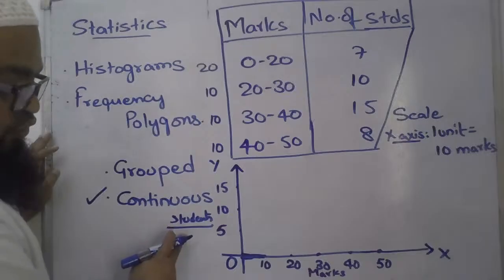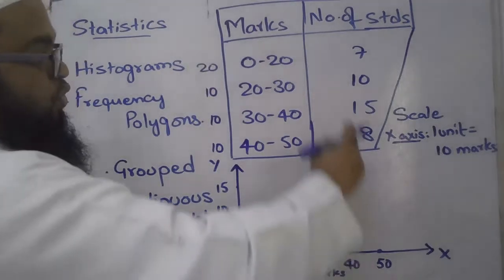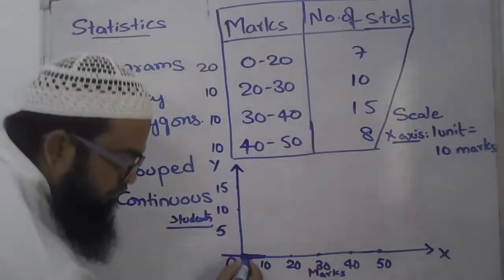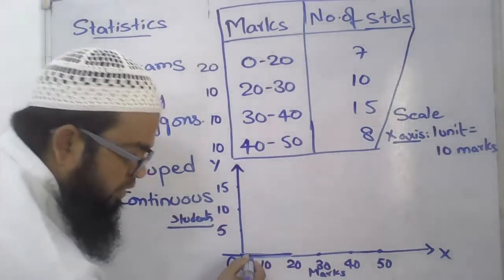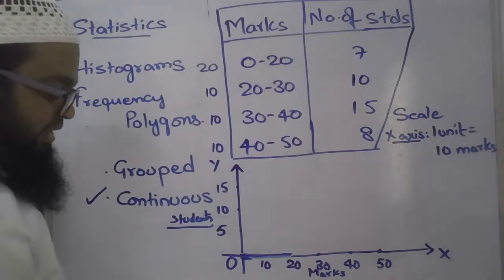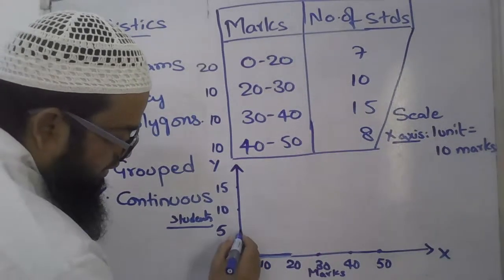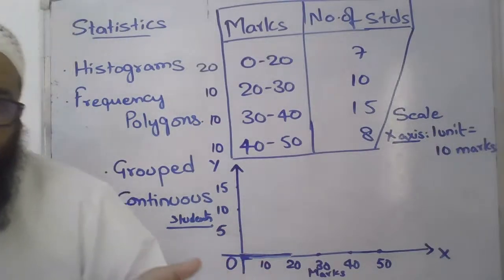It is the number of students. Good, my dear Rohan. So now 0 to 20. Here, this is 0 to 20. How much is it? 7. So one box is divided into how many parts?